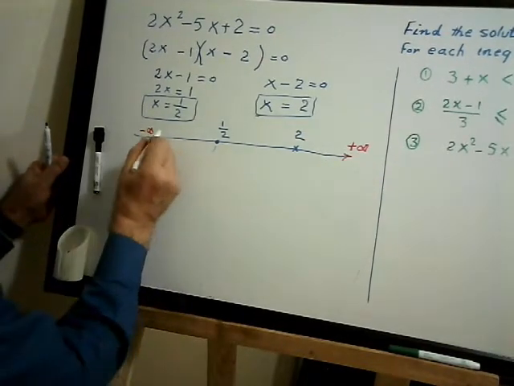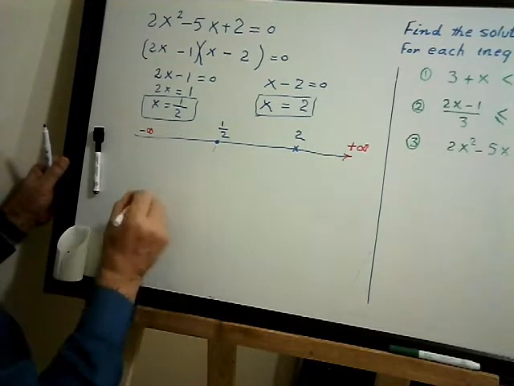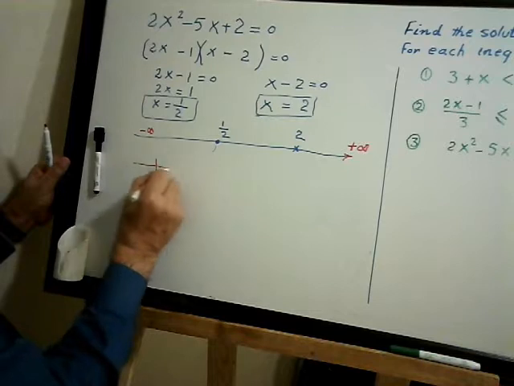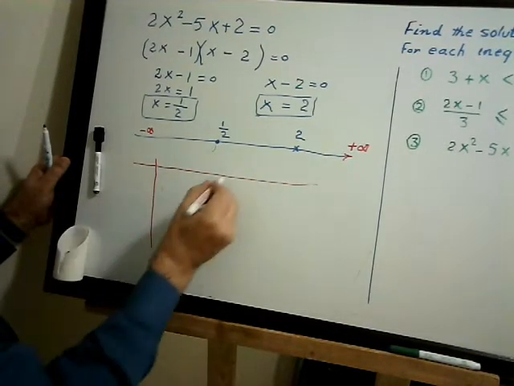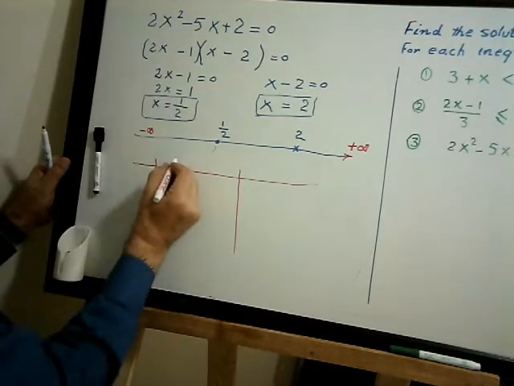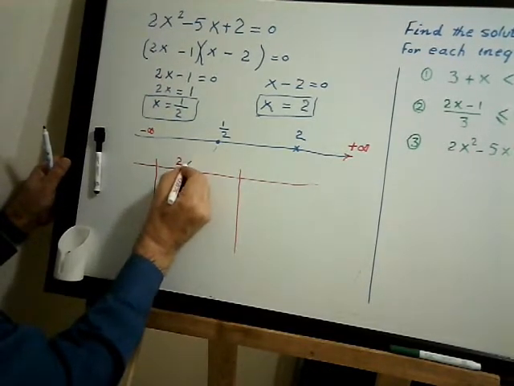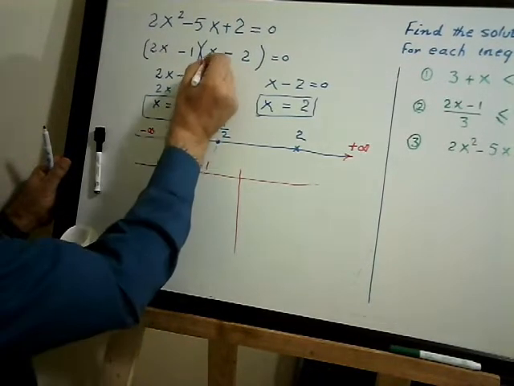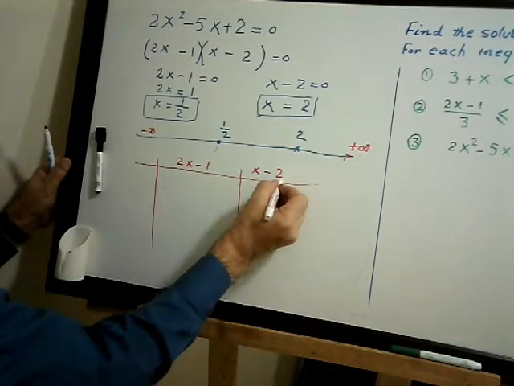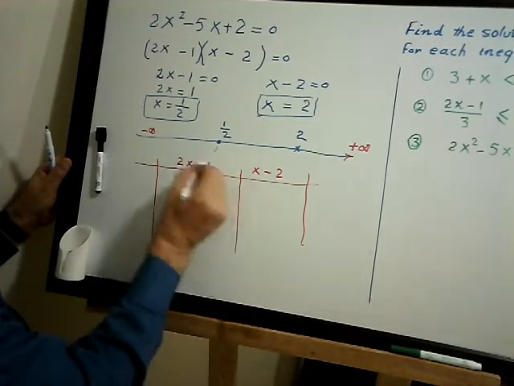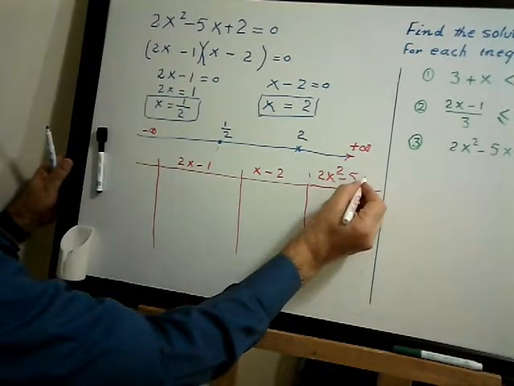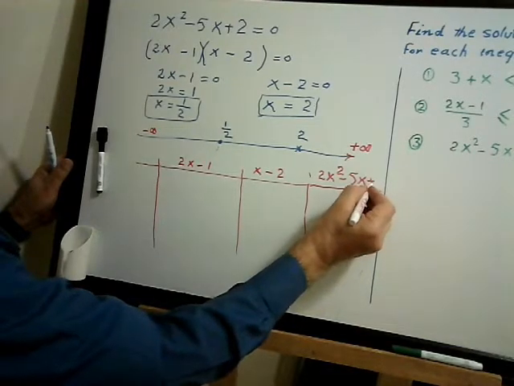So these are three parts. We can represent it in the chart here. Writing the first factor 2x minus 1, and the second factor x minus 2, and then the result of multiplying them, which leads to 2x squared minus 5x plus 2.